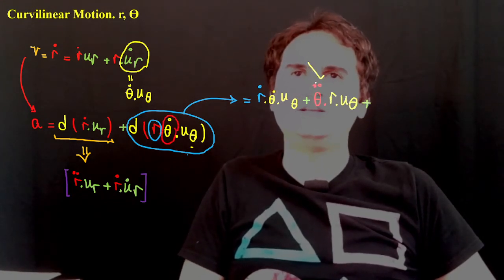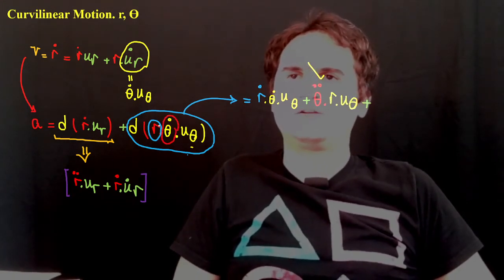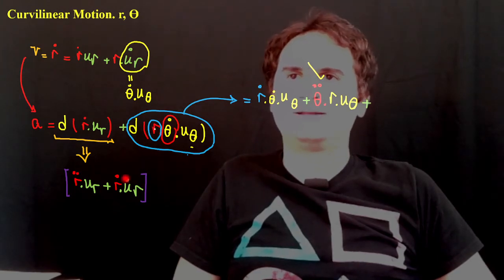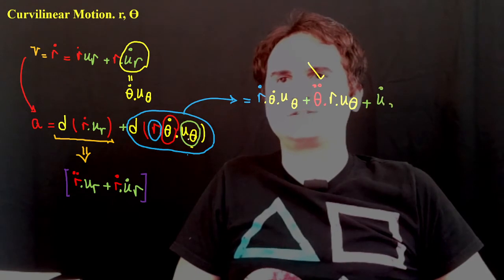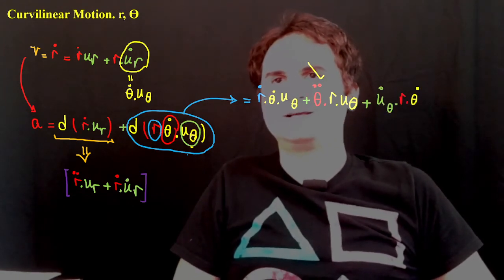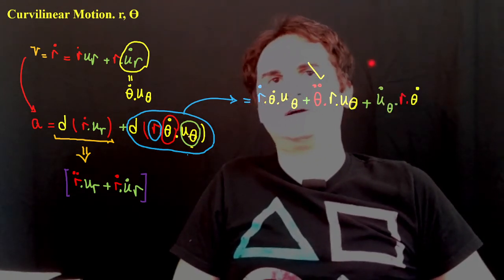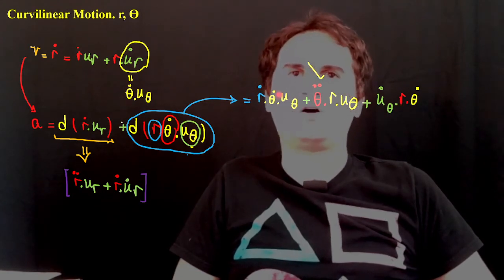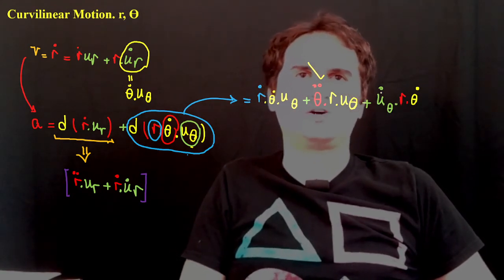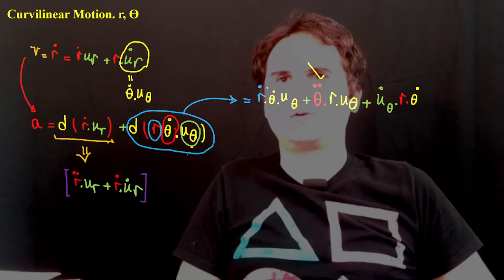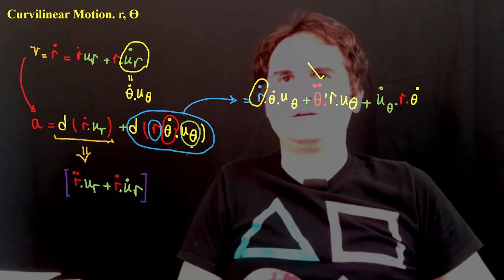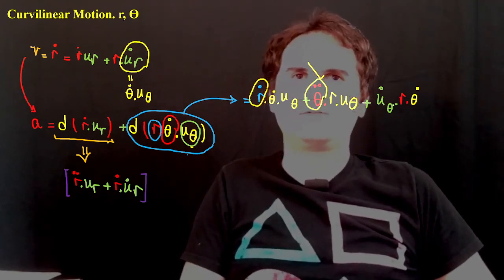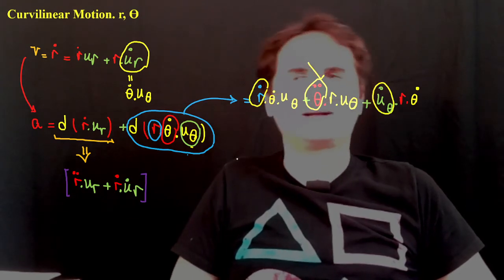So that's theta double dot and r and u theta remain intact. And for the last part, we just derivate u theta. That's u dot theta times r times theta dot, and we don't touch the other two. So for each part, we just derivate that component and the rest remains intact.